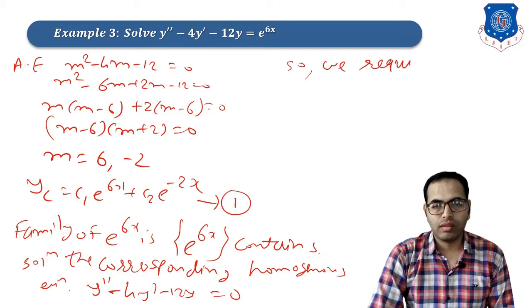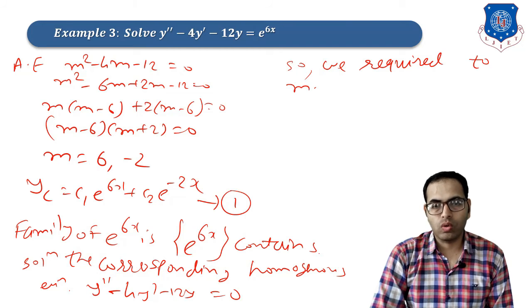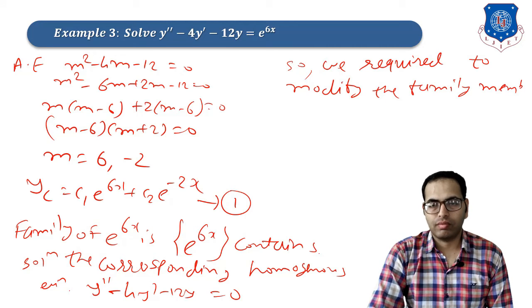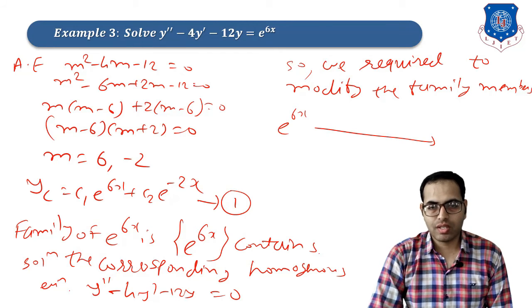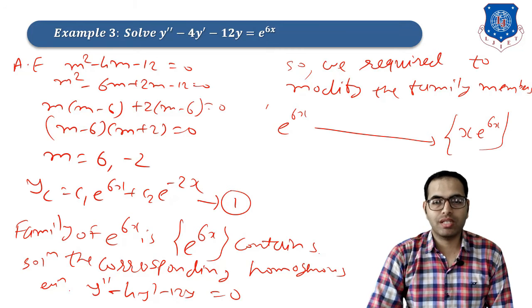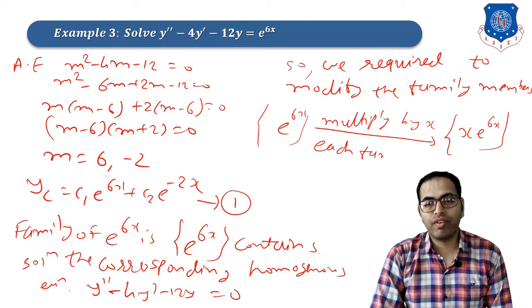So we are required to modify the family members. For that, what we have to do is, e^(6x) becomes x e^(6x), which means multiply by x to each family member.